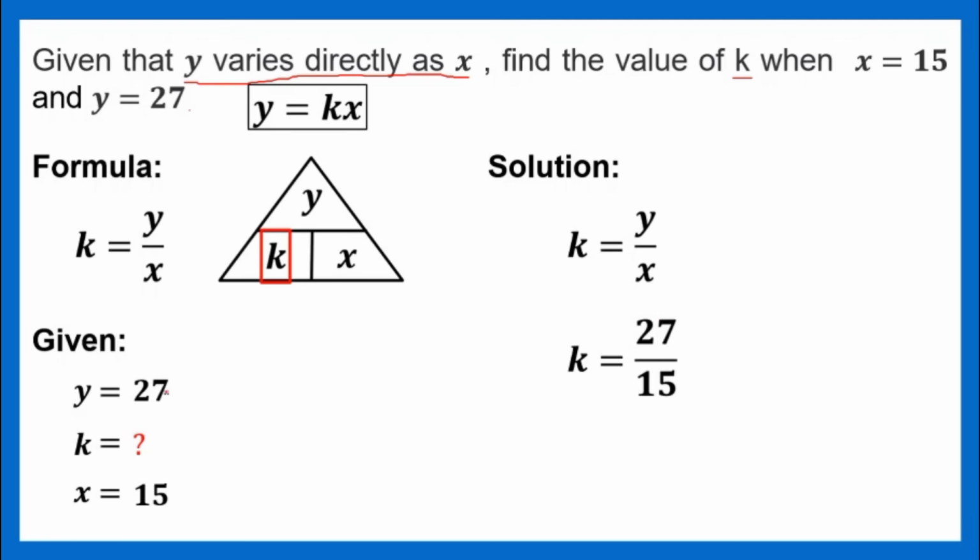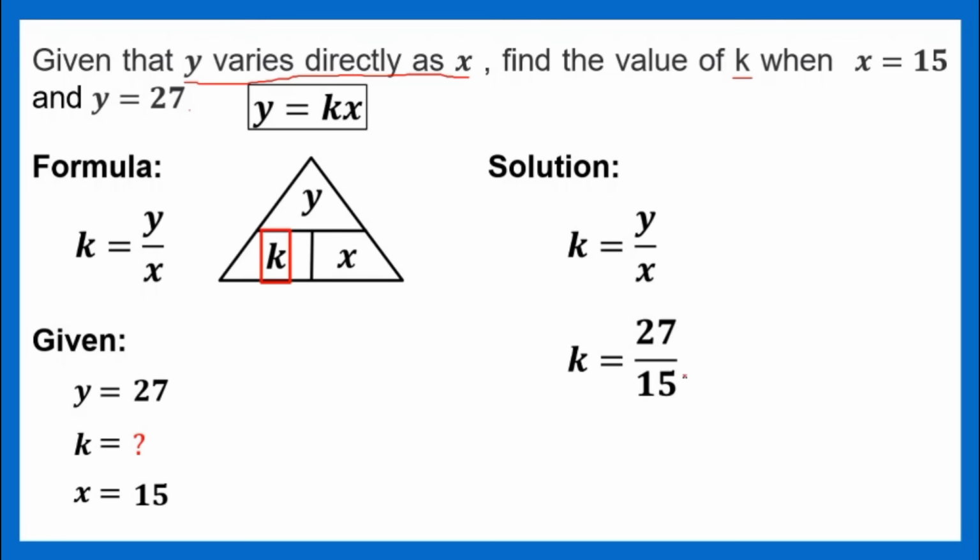Correct naman, 27 yung y. Yung x ay 15, so sa baba dapat 15. So, tama yun. Now, divide natin yung 27 saka 15. Sir, may decimal. Alright, so, wag gagawin siyang decimal, unless otherwise na-require ng teacher na decimal. Pwede naman yon kapag sinabing decimal ang isasagot. Pero kung hindi naman, ang gagawin, naka-fraction dapat.